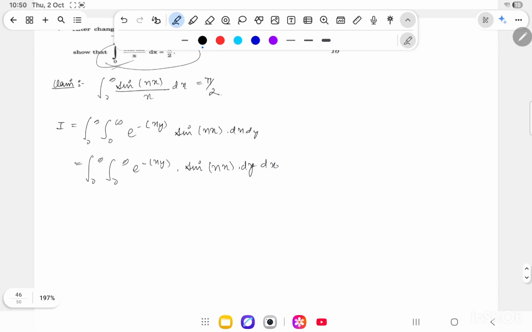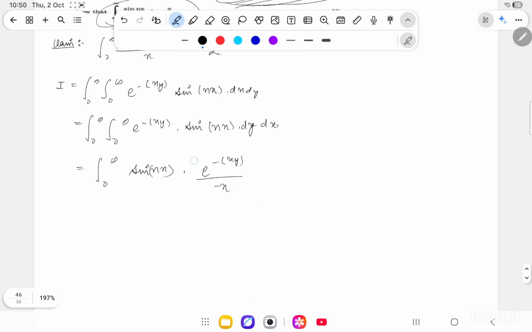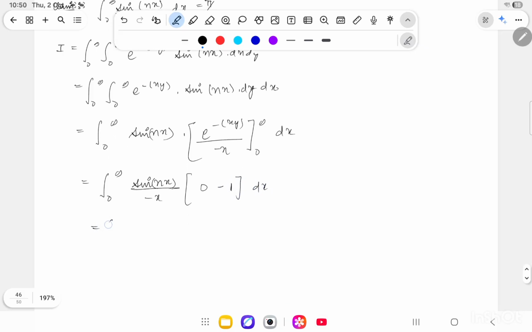Now if I evaluate it with respect to y, it will be the integration from 0 to infinity of sine nx into e raised to minus xy divided by minus x, with limits from 0 to infinity, dx. So it reduces to the integration from 0 to infinity of sine nx by minus x into (0 minus 1) dx. So it is equal to the integration from 0 to infinity of sine nx by x dx.